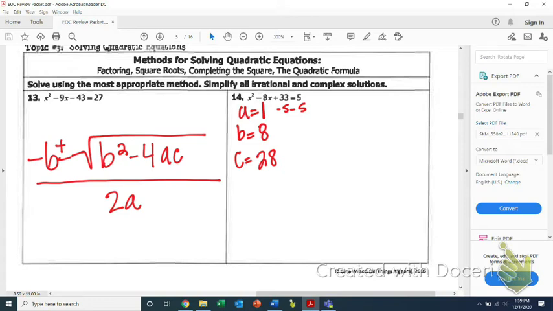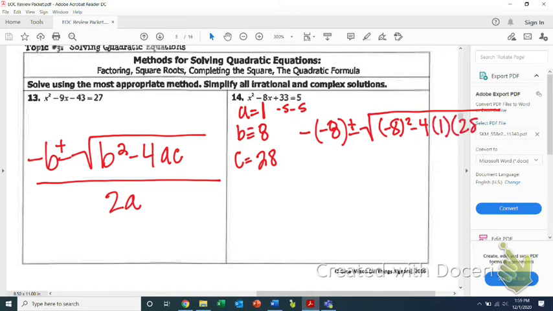Now we plug in our values. Negative 8 plus or minus the square root of... Wait, let me back up. B is a negative 8. So we have negative B plus or minus the square root of B squared minus 4 times A times C. All of that is over 2A.